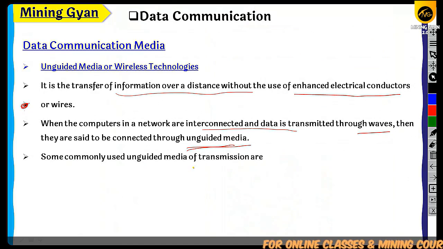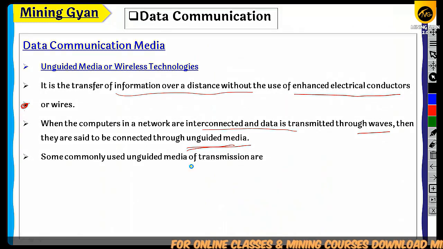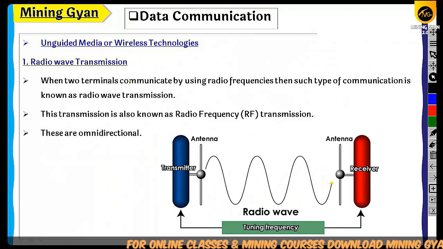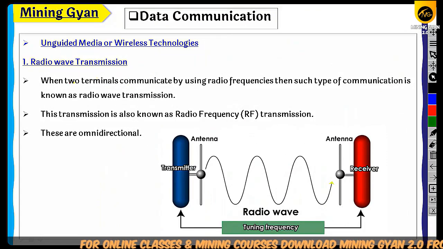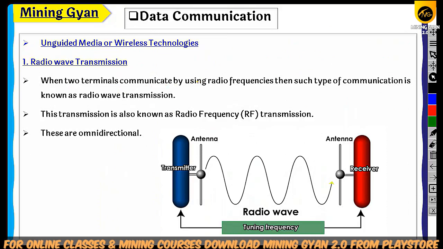Some commonly used unguided media or transmissions are, the first one, radio wave transmission. This is the first type of wireless technology, when two terminals communicate by using radio frequency. So basically the types of wireless technologies depend on which kind of frequency is used to transmit the data.